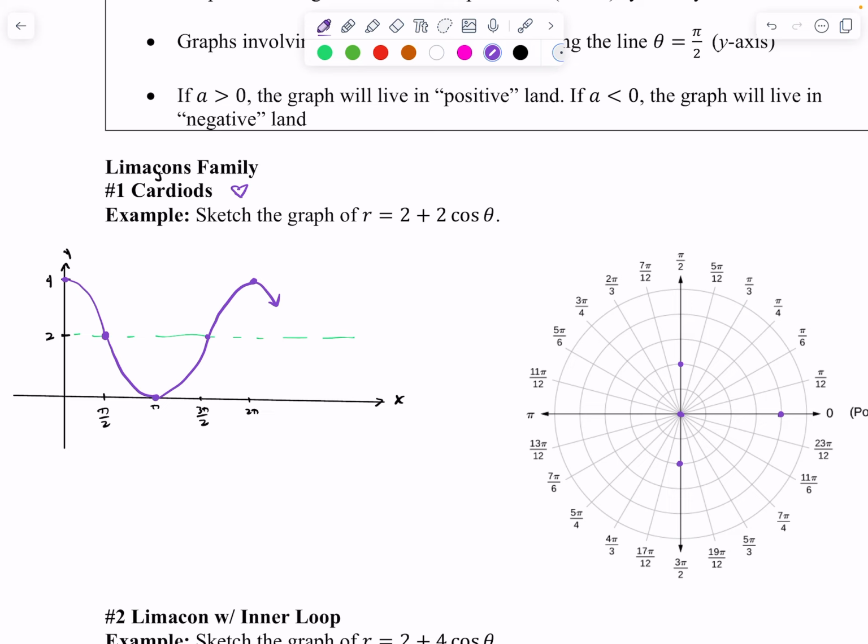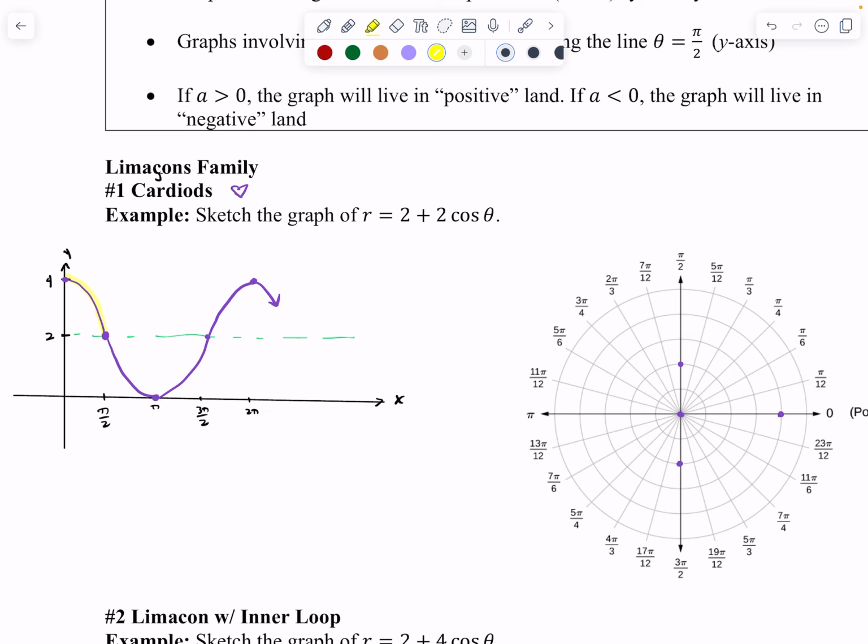Notice that between 0 and pi over 2, those quadrant 1 angles, those are values that are between 2 and 4 for r.